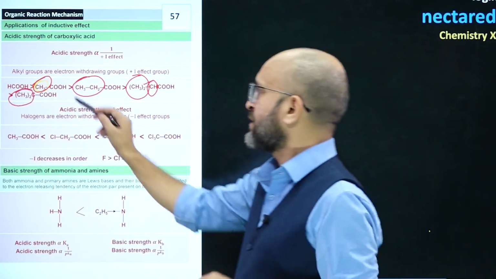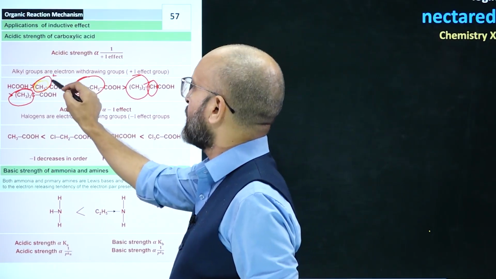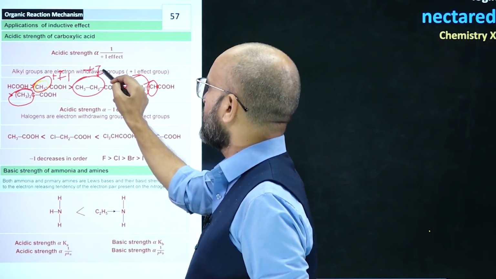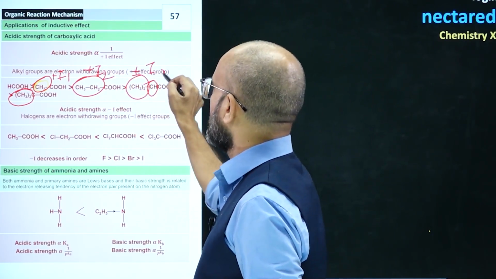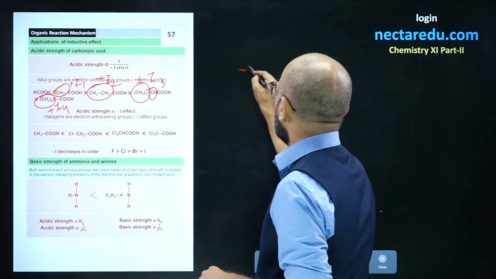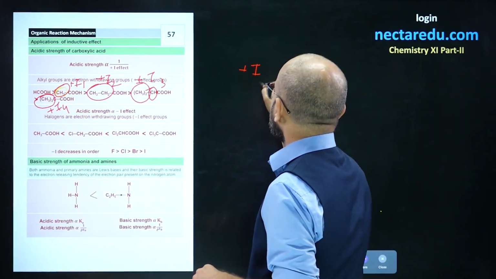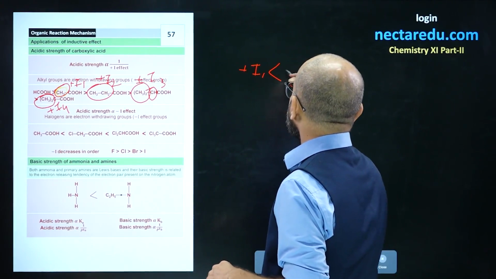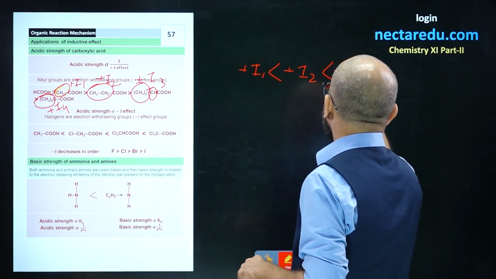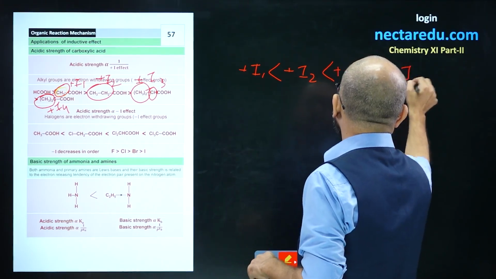So if I see plus I in this one, plus I in this one, plus I in this one, and plus I in this one, what is happening is plus I is increasing: plus I 1 is less than plus I 2, plus I 3 is more, and plus I 4 is more.